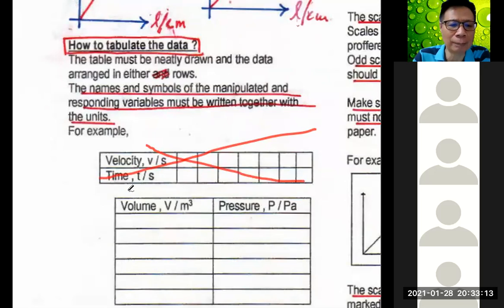You must have the name, the symbol, and the unit. So must have the name pressure, the symbol P, and Pascal as the unit. Everything must be there. In the exam, this gives one mark. If you don't write it, then your mark is deducted. Understand? So this is how you tabulate data.